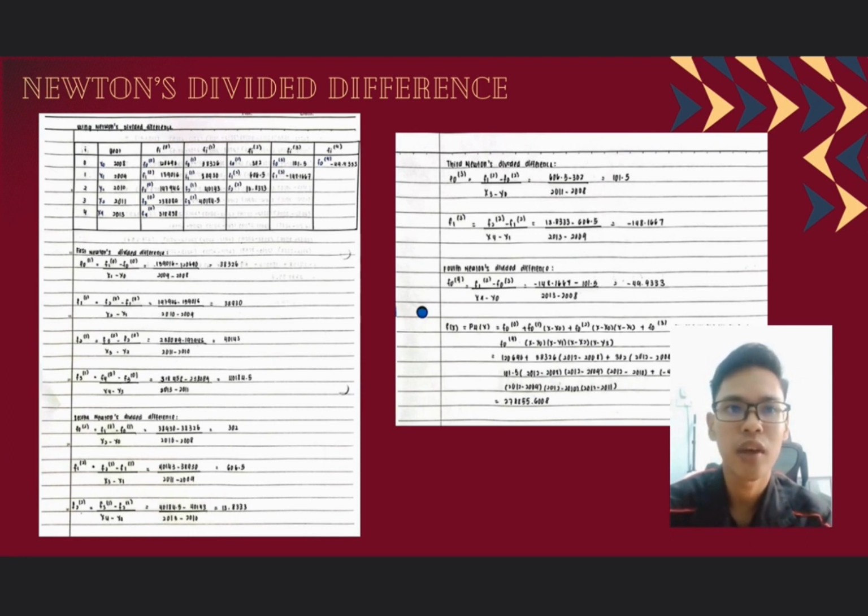Firstly, we have to calculate the first Newton divided difference, second, third, and fourth Newton divided difference. And the last one, for manual calculation, we have to find the function of x at 2012. So the final value for the manual calculation might be 278855.6008.